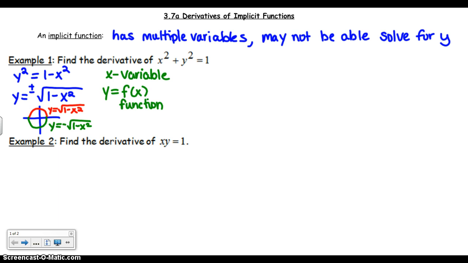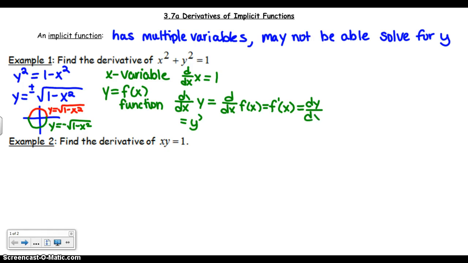The derivative of the variable x, remember d over dx means derivative, the derivative of x is 1, but the derivative d over dx of y, or f of x, is f prime of x, okay? So we could also say that the derivative of y is y prime, and you'll see it written that way a lot. The other way you'll see it written is dy over dx, okay? And that's what I'm going to use in this video.